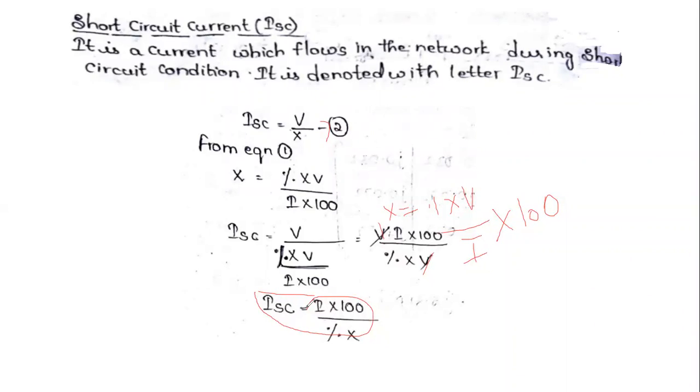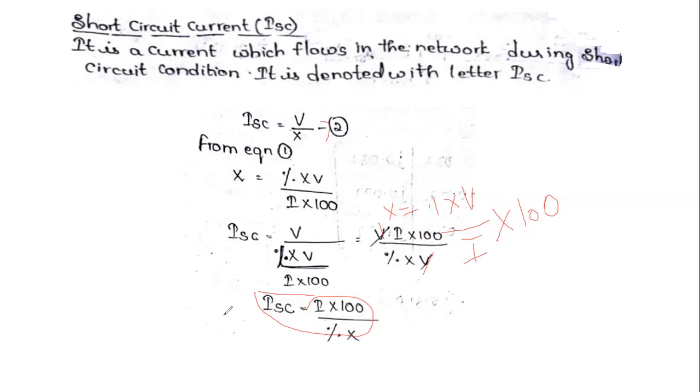Therefore ISC, the short circuit current, is equal to I into 100 by percentage X, where I is the current applied to the network or circuit, and percentage X is the percentage reactance.